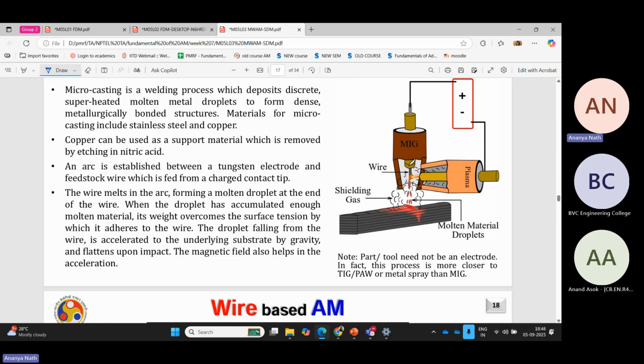If it's MIG, metal inert gas welding, then your metal wire is itself a consumable through which the arc is also coming. So you're establishing the arc, and then you move this in this direction so that your metal gets melted and deposited over the build plate.